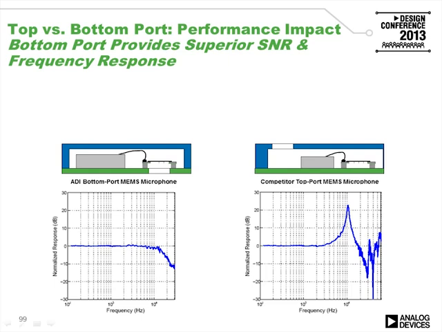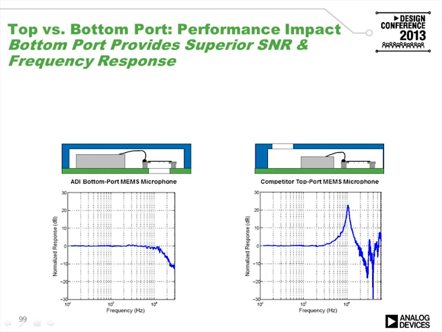The reason for this peak is what's called a Helmholtz resonator between the port and the diaphragm of the microphone, which in the top port microphone, the resonator cavity is fairly large. It's the entire cavity of the microphone. In the bottom port microphone, the resonator cavity is small. It's just the portion that sits right underneath that diaphragm.